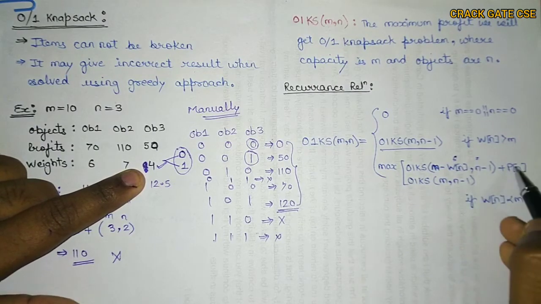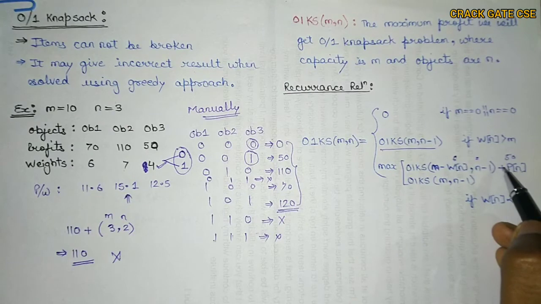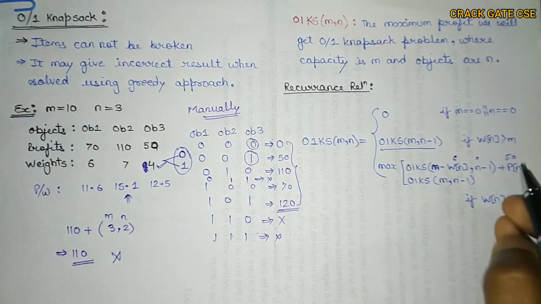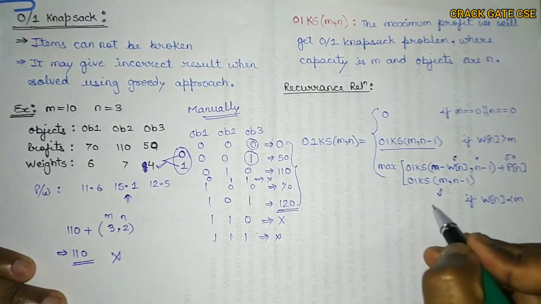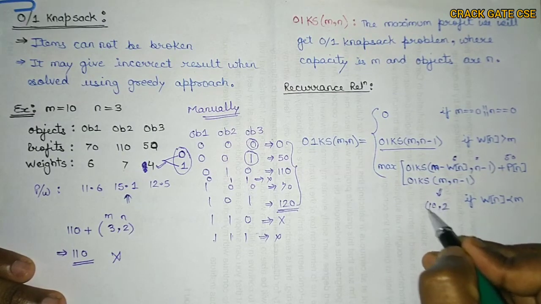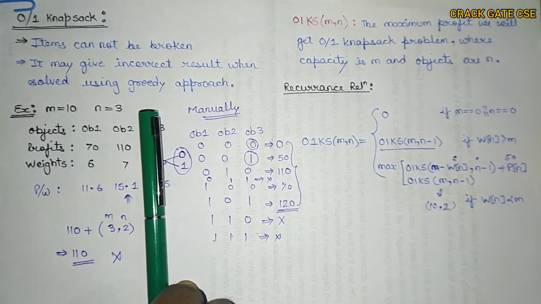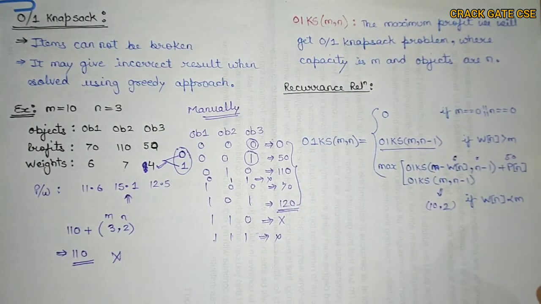This is one possibility, and then we add the profit, which is 50, because I included it in the output. Another possibility is I skip this object and compute for 10 comma 2. So these are the three possible cases which can occur while solving this 0/1 knapsack problem.